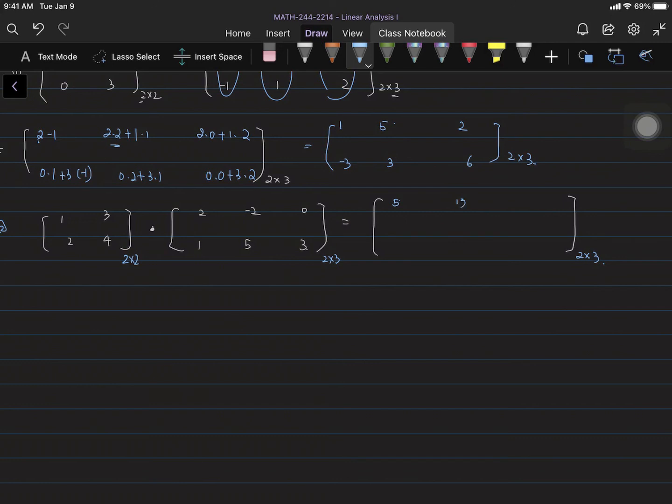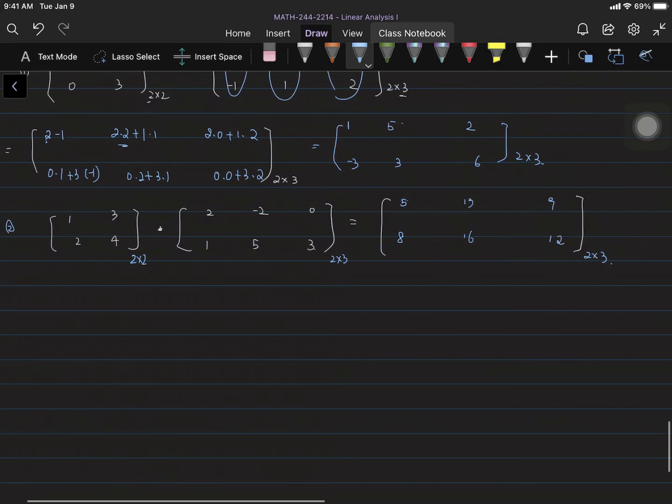This should be 9. This number is 2 and 4 and 4, so 8. This number is negative 4 and 20, so 16. This number is 4 times 3, so 12. Please check your answer.